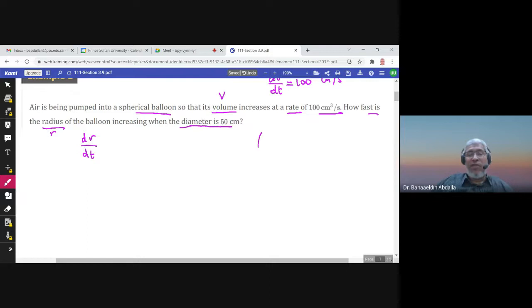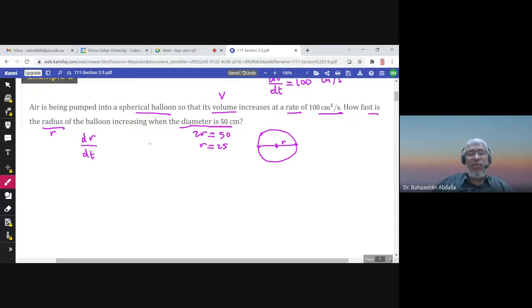Well, if this is a circle, this is the diameter. The diameter is the line that passes through the center. This is the diameter. And this is the radius. From the center to here is the radius. So the diameter is 2r, 2 times radius. So if 2r is 50, then the radius is 25.